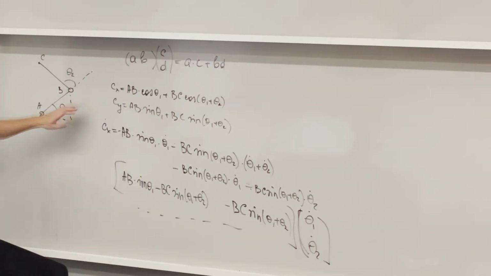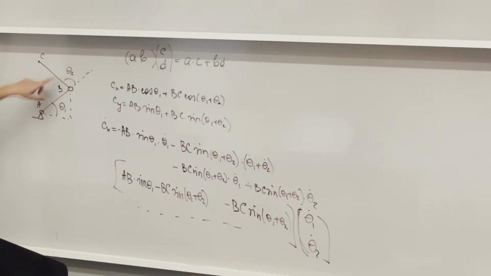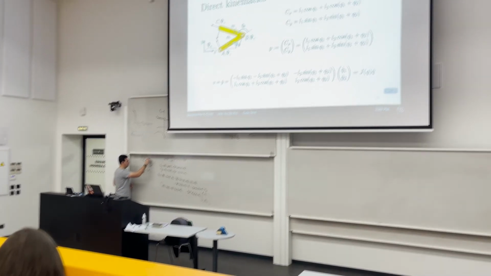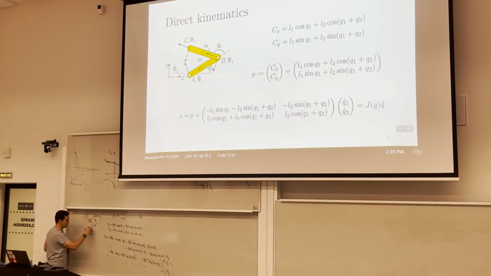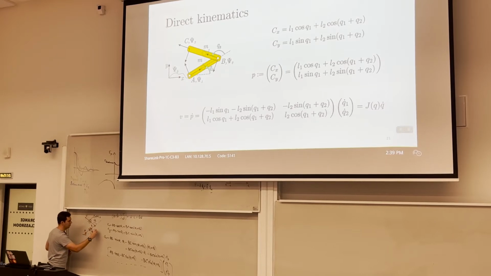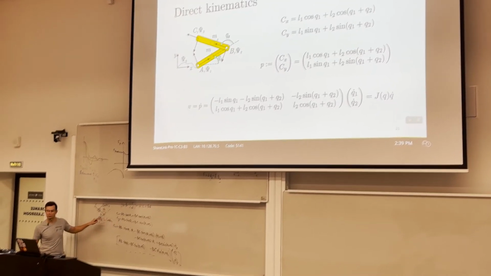And actually, we can do the same for all points. For example, in order to compute potential energy, we need the distance for the center of mass, right? So in order to find the position of this point, the center of mass of the second body and for the first body, we need to do the following, but take just the y component.